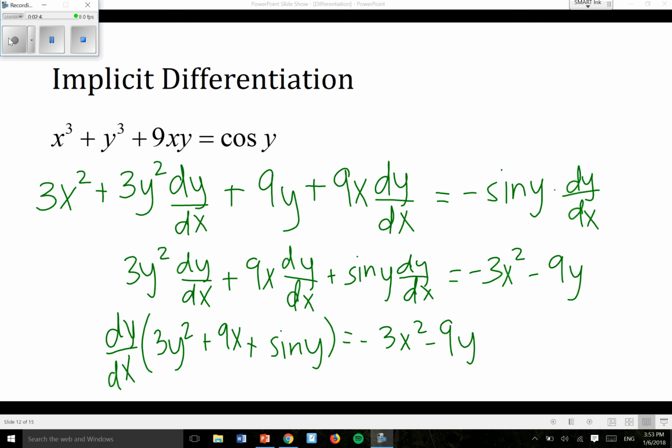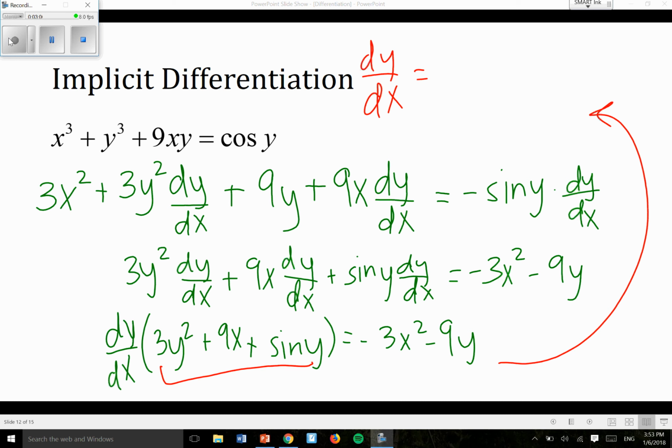And then to solve for dy/dx, to find the slope of this function, I can just divide by 3y squared plus 9x plus sine y. Apologize for running out of room, so I'm going to move that to the top. If I divide by all of this, I get negative 3x squared minus 9y over 3y squared plus 9x plus sine y.